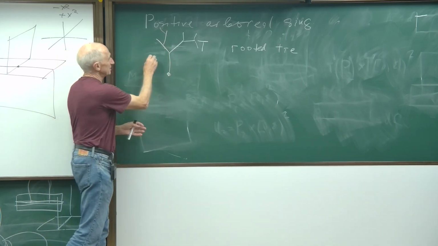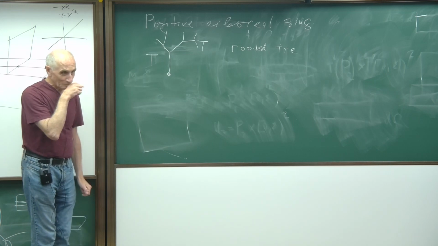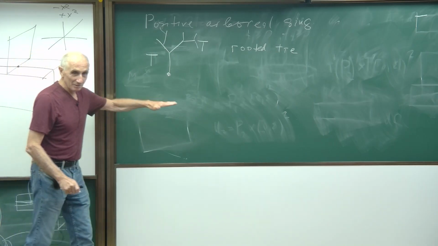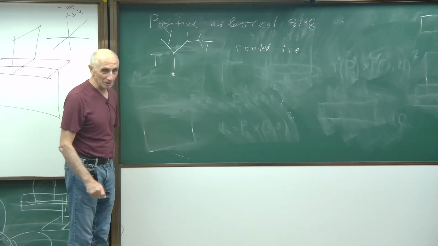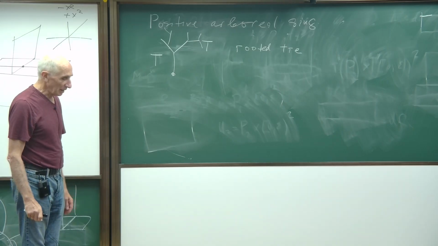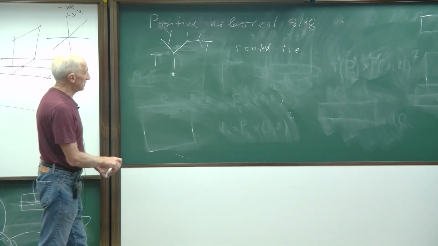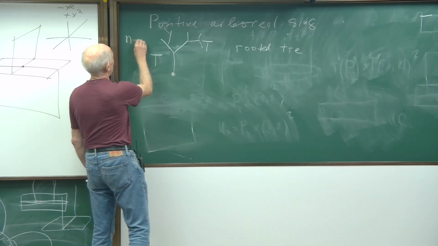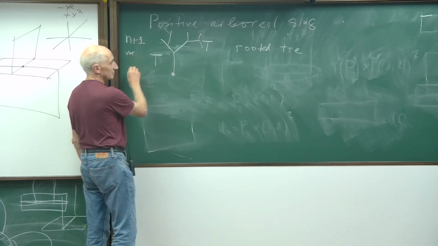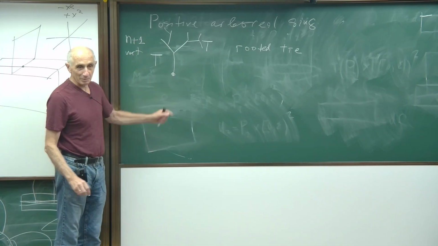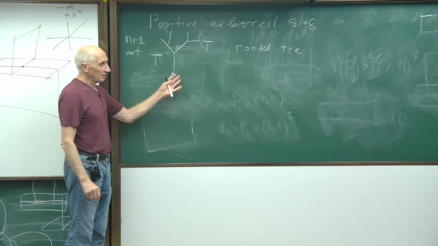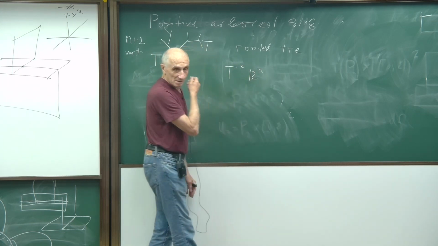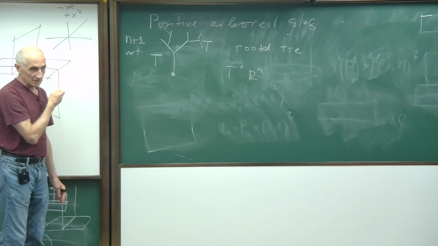So you start with a rooted tree, and with this rooted tree, I would like to associate some very particular Lagrangian singularity. Suppose this tree has, say, n plus 1 vertices. Then I will describe a Lagrangian singularity in the cotangent bundle of R^n.